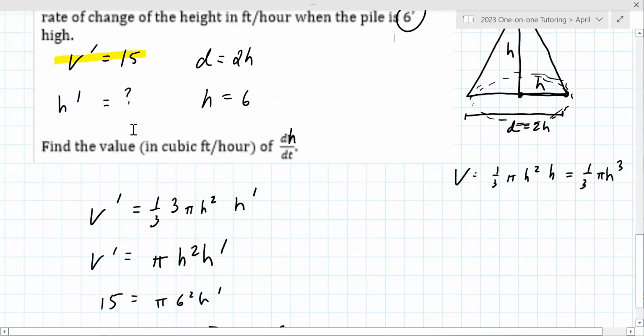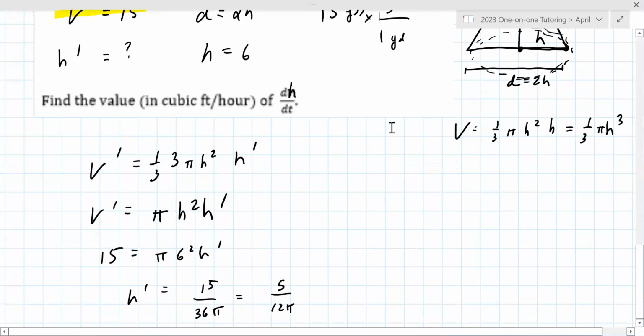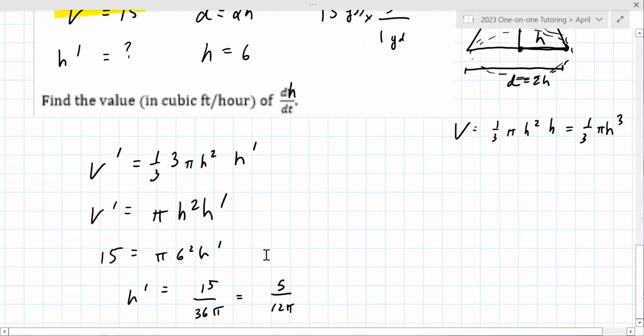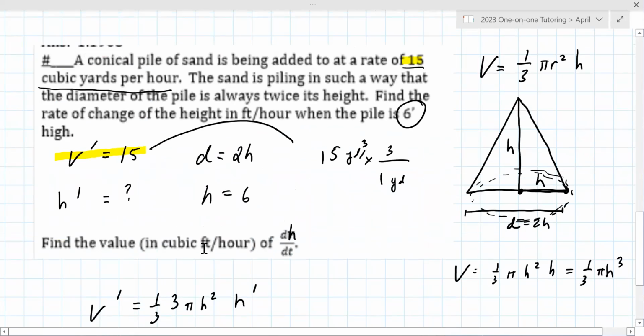So that changes 15 to, if you want, 15 yards, and in 1 yard there's 3 feet. But that's cubic yards. They wanted cubic feet per hour. Okay, so we've got to do the unit conversion here, unfortunately.